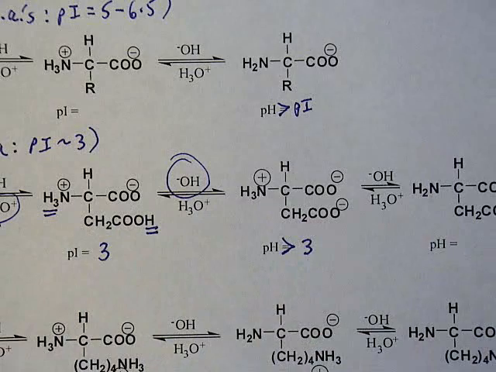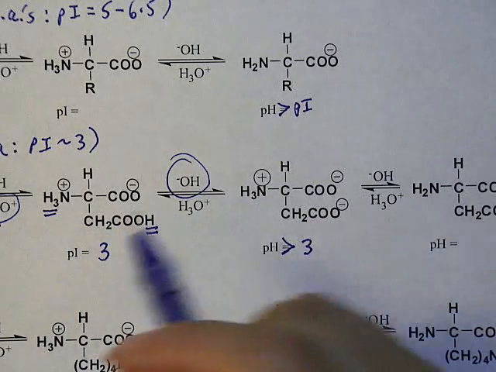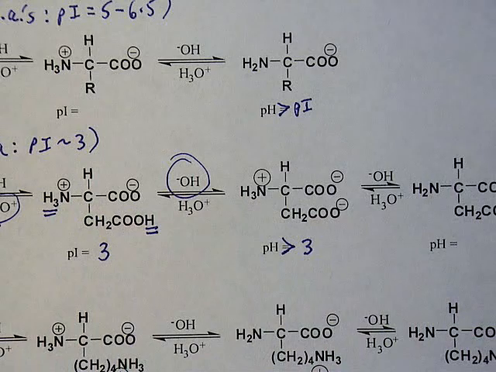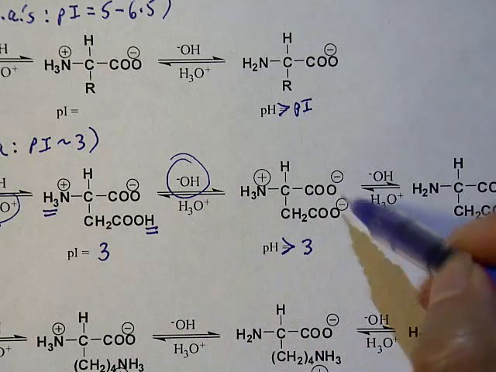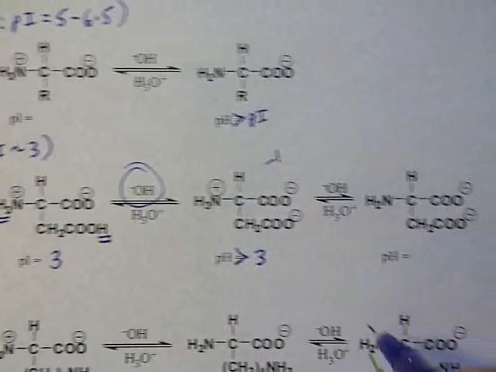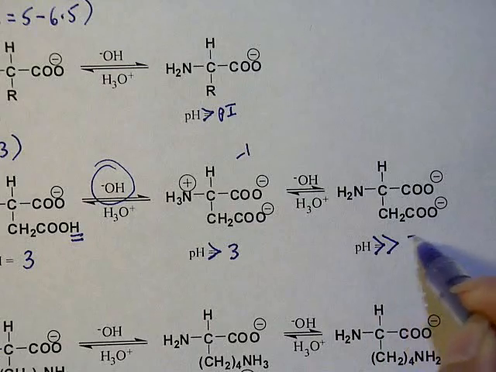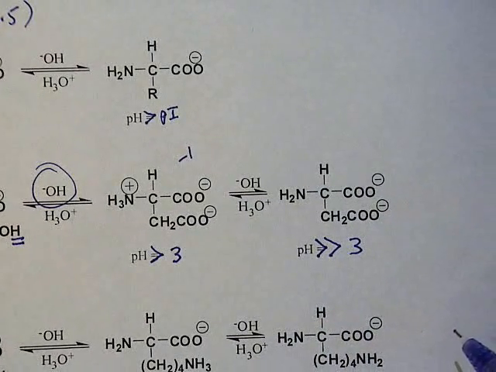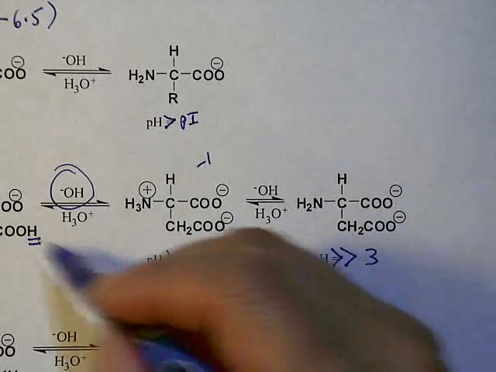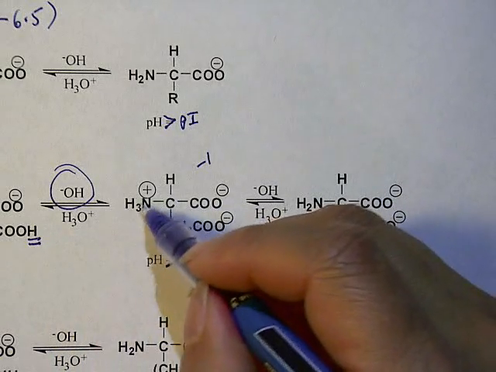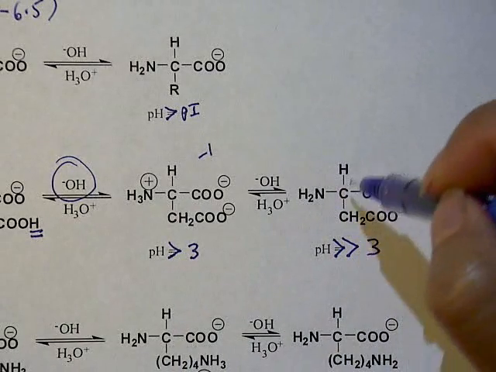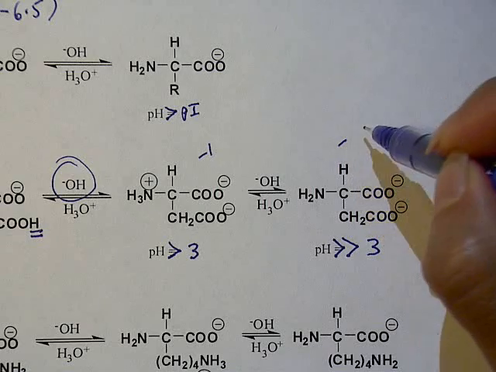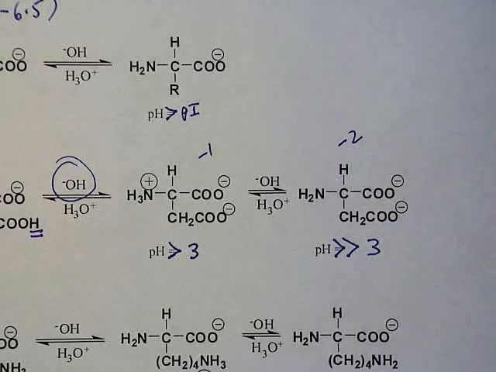Because this is like pKa of 4-ish, and this is pKa of like 9 or 10, right? So this is going to get deprotonated first, as you might expect. So then the overall charge is -1. But if you keep adding base and you make it more and more basic, eventually, after all the proton has been deprotonated, it's going to go grab this proton, which is the next acidic proton that's present. And if you get to be really high in pH, then it's going to have an overall -2 charge. And that's the form it's going to be in, right?